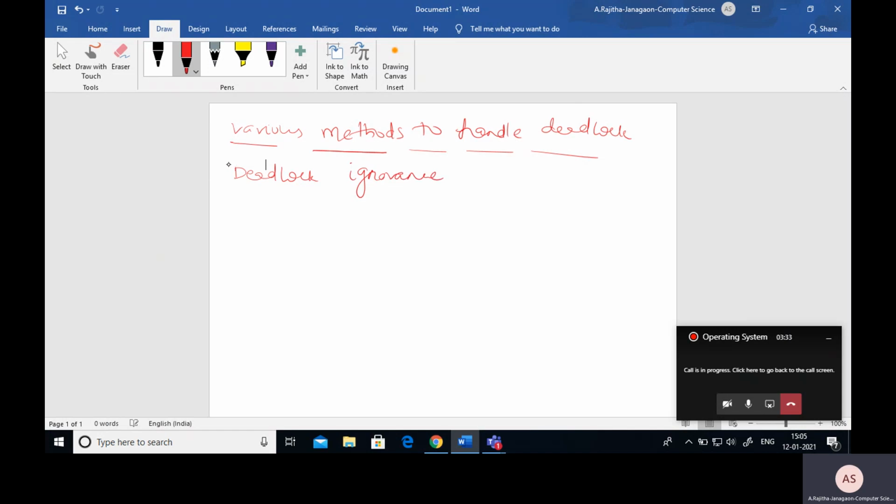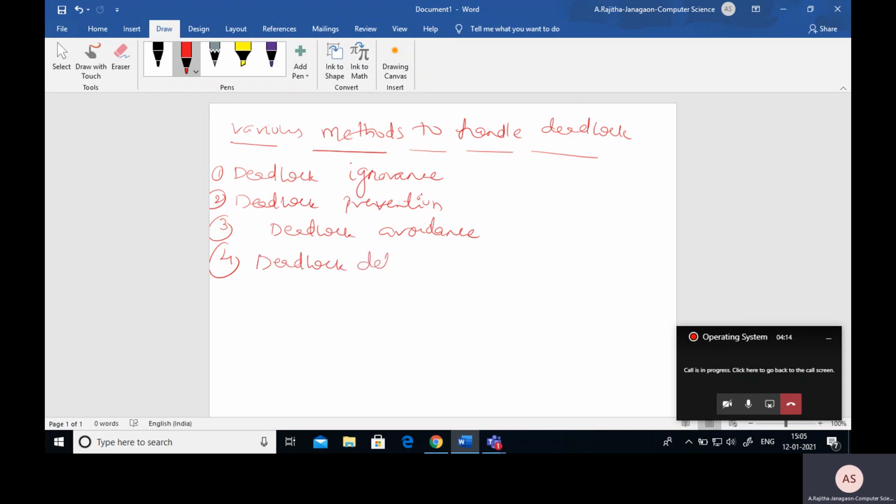Deadlock ignorance means that whenever there is any chance of deadlock, it is ignored. The next is deadlock prevention. What is deadlock prevention? Prevention means you take care, that is, you take some precautions so that the deadlock does not occur. And the third one is deadlock avoidance. Next, the fourth one is deadlock detection and recovery.